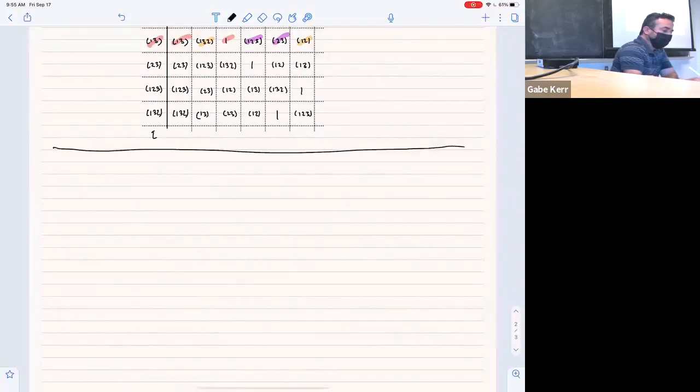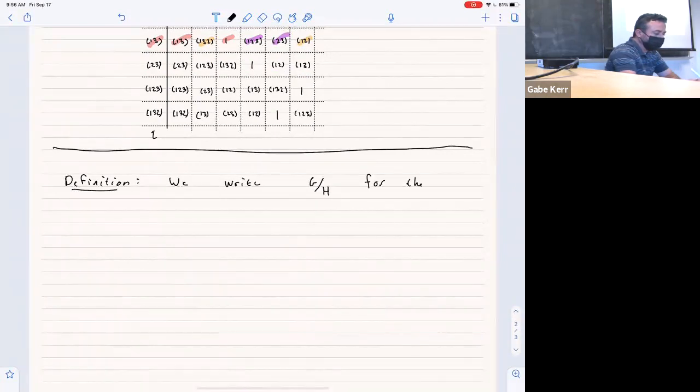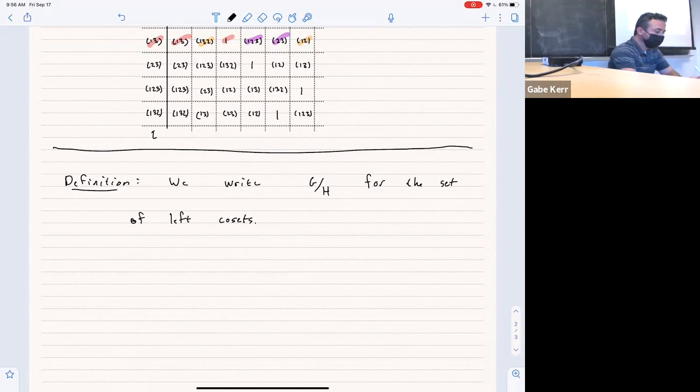So there's notation for this particular partition of a group by the left cosets. Rather than writing G over the equivalence relation that we just wrote, the definition is: we write G over H for the set of left cosets, all of the left H cosets.